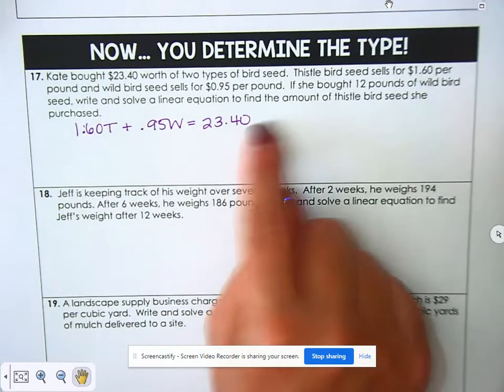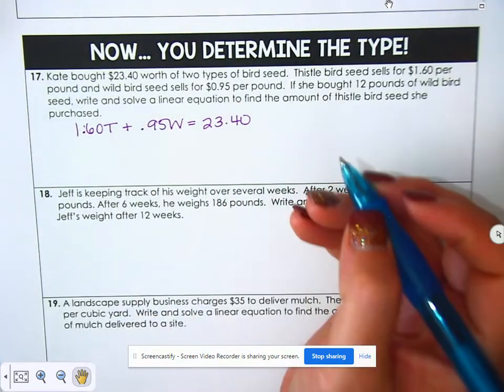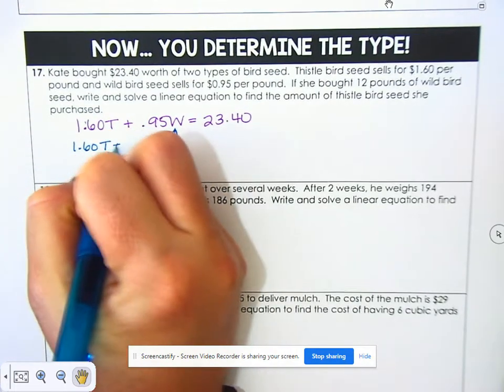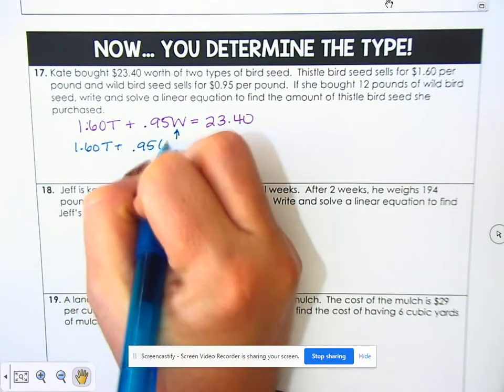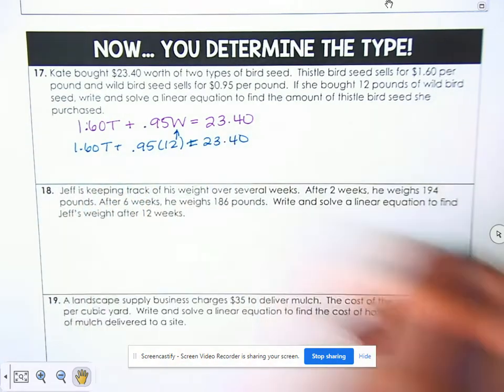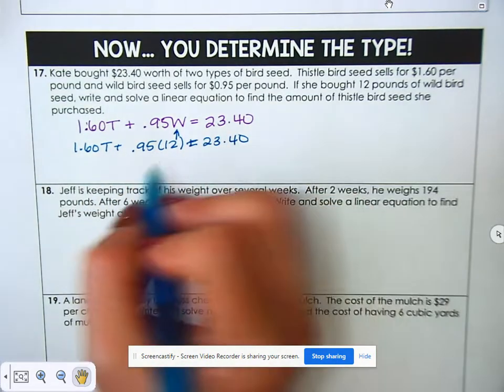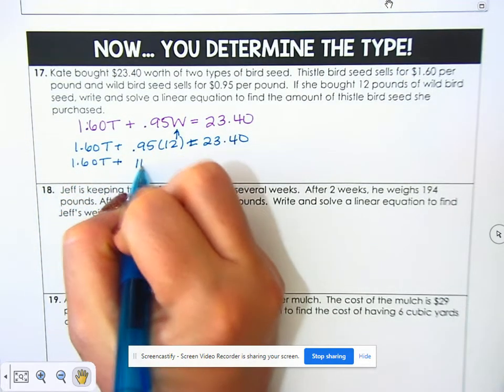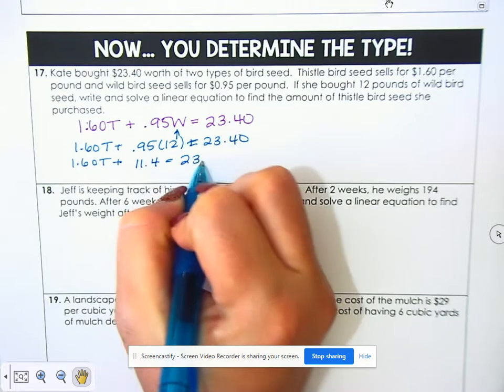Now it goes on to say there were 12 pounds of wild bird seed purchased, so we're going to put 12 in here. Okay, y'all, and solve that out. So $1.60 plus 11.4 equals 23.40.